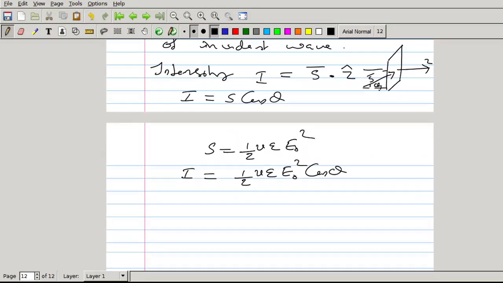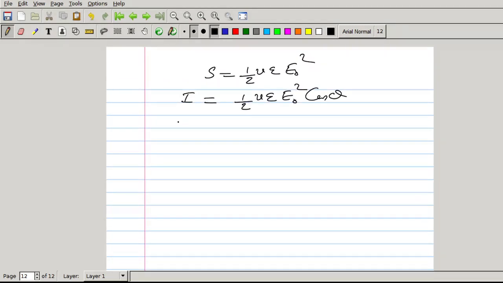So we can write the intensity of the incident wave as I equal to half V1 epsilon E0 I square cos theta I. Now what is the intensity of the reflected wave?